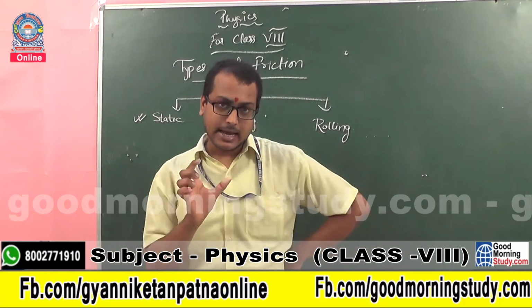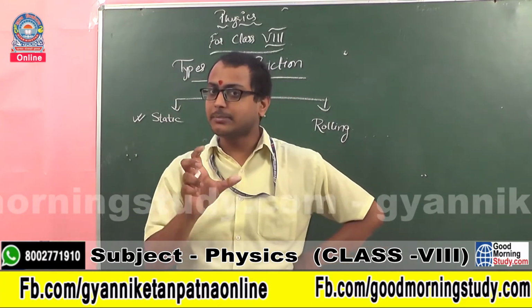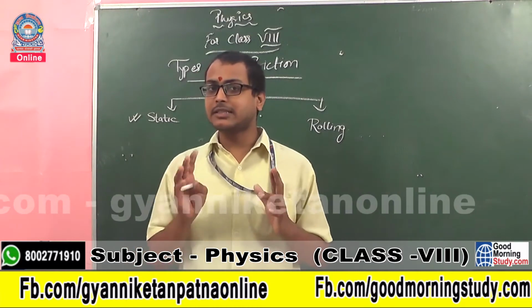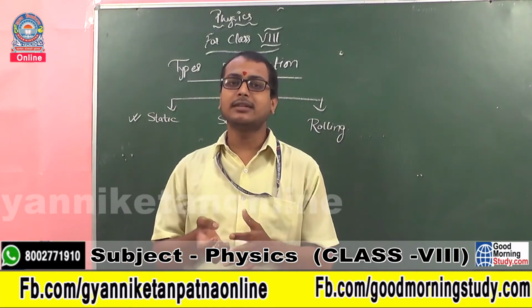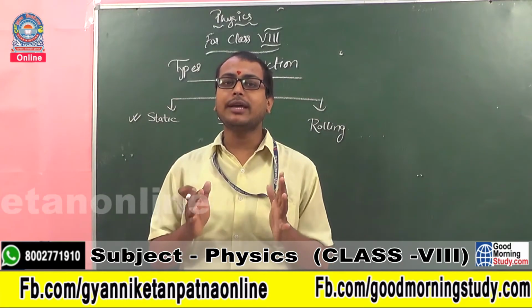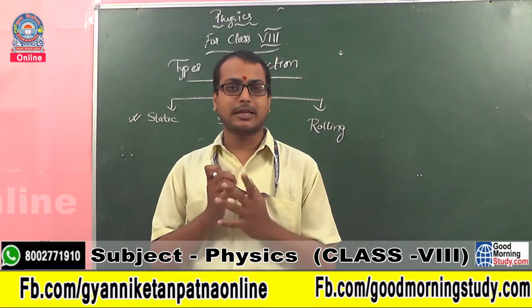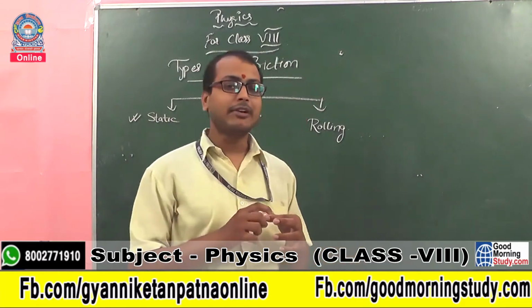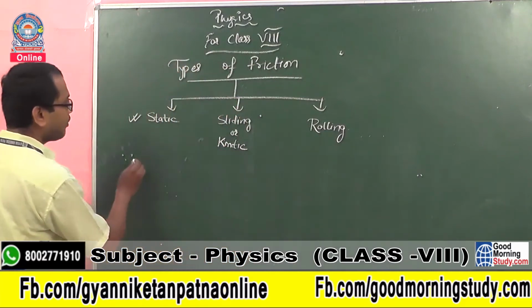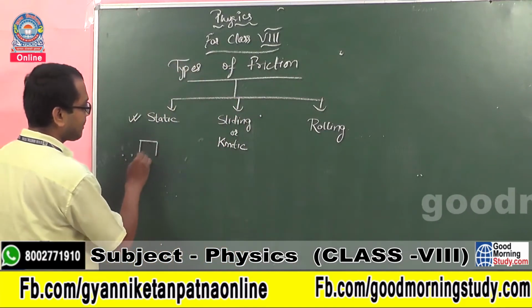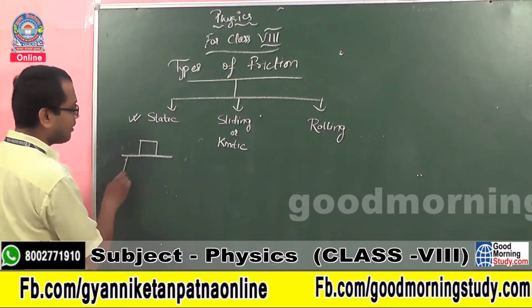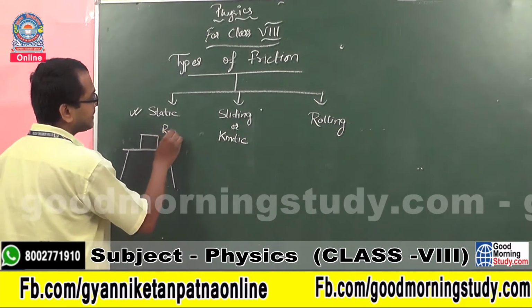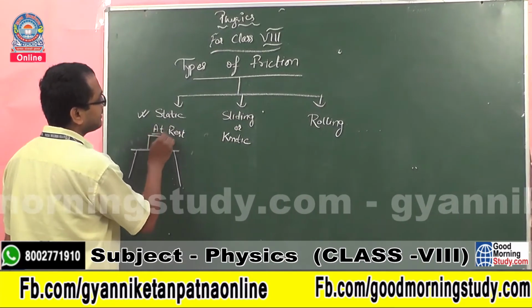Students, as is clear from the name, static means whenever any object is at rest. So static friction is applied between two objects when there is no actual relative motion between them. When two objects are kept, this is a block, it is kept on a table, and this block is at rest.